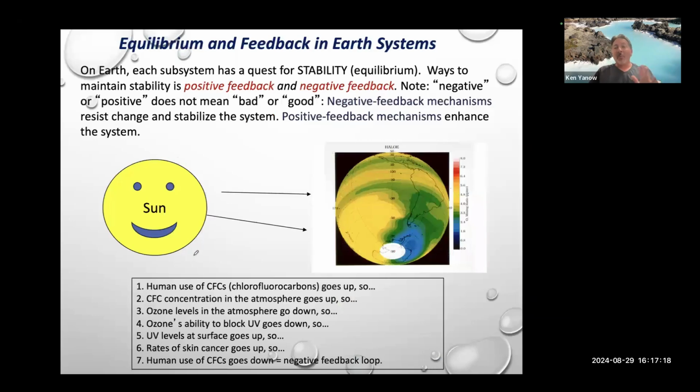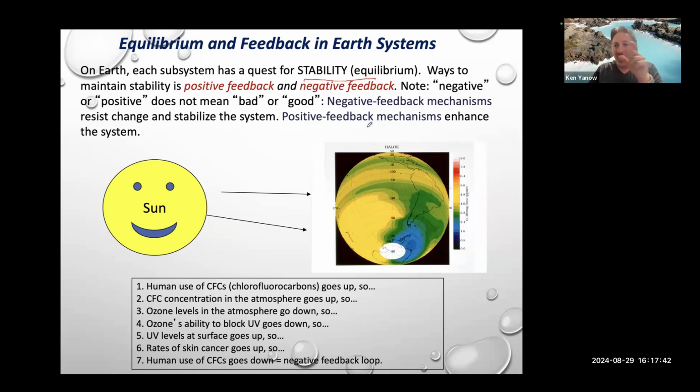Whenever we talk about systems and whenever we talk about Earth itself, we always have to look at feedback mechanisms because in physical geography, the Earth has a quest for stability or equilibrium. And so the ways to maintain stability are via positive feedback and negative feedback.